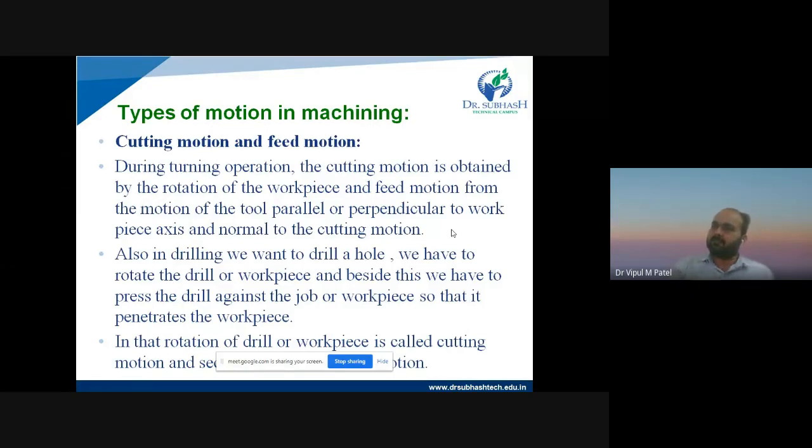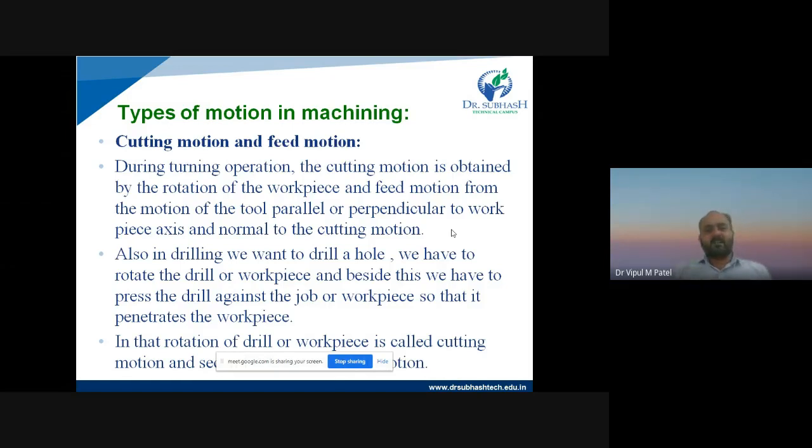In the turning operation, I can give the feed motion to the cutting tool, which is parallel or perpendicular to the workpiece axis and normal to the cutting motion. So it is cutting motion and feed motion. If I want to give one more example to you, then I can use drilling.